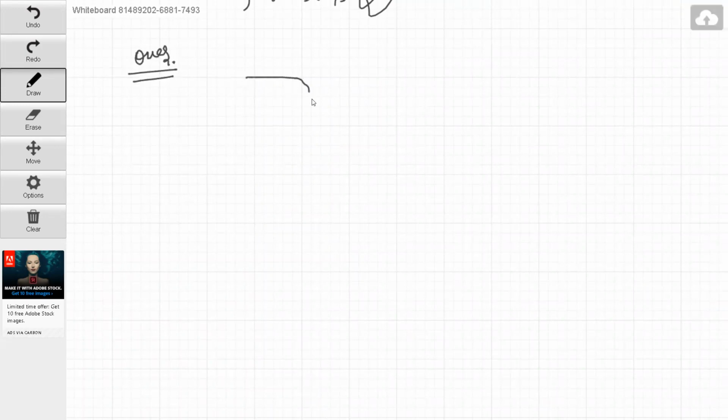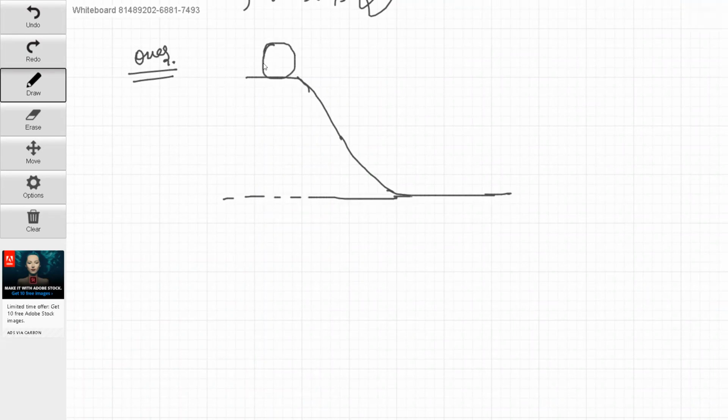Next question. Suppose this is the disk. Its mass is m, radius is r.